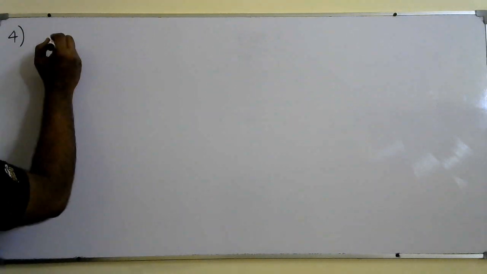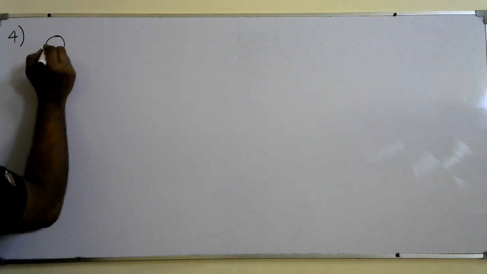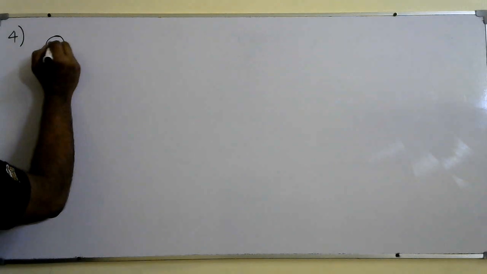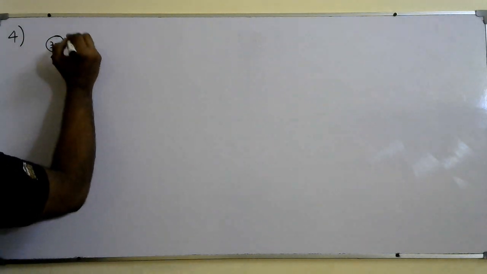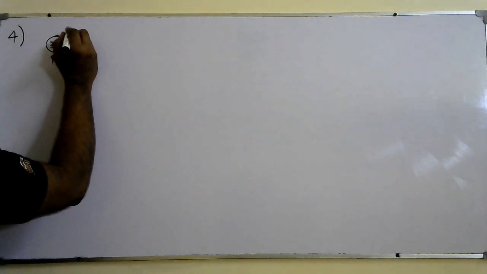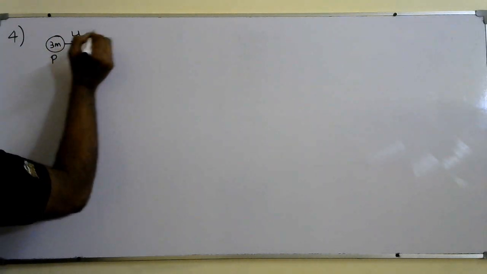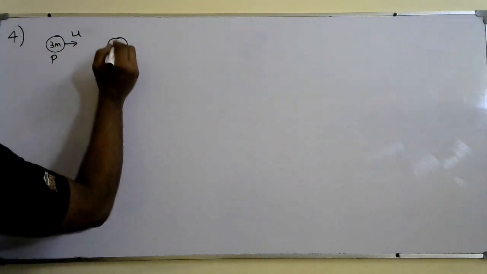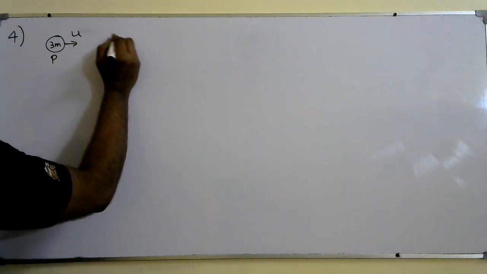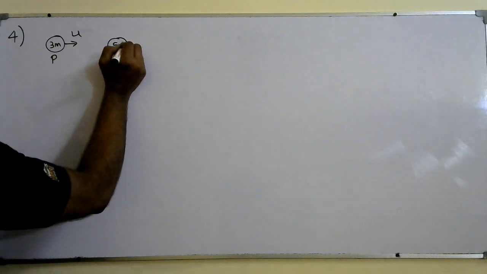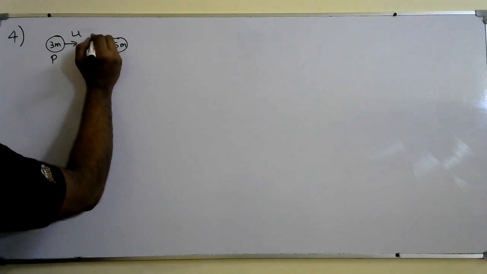Okay, if I put it on a diagram for this, particle P of mass 3m moving at a speed u, particle Q of mass 5m moving at ku.